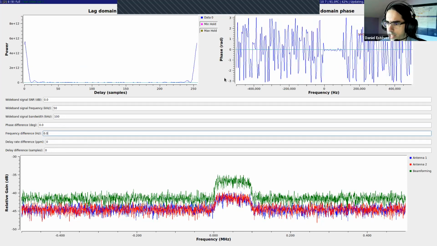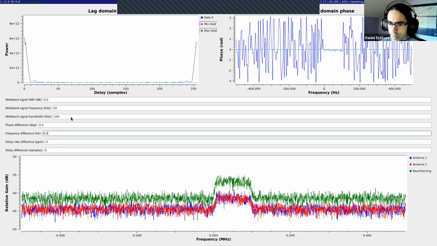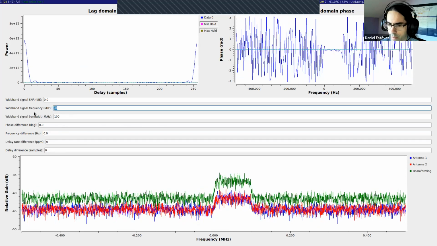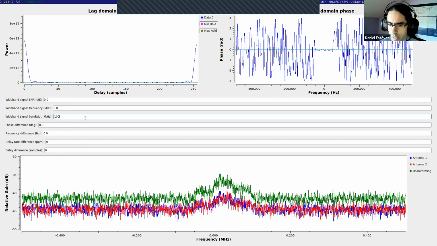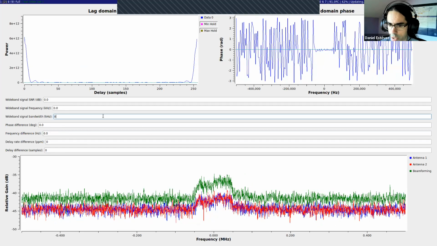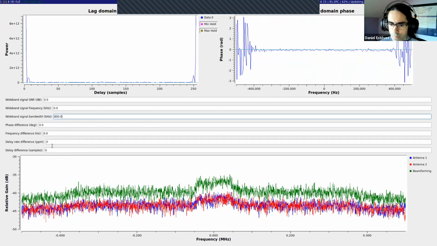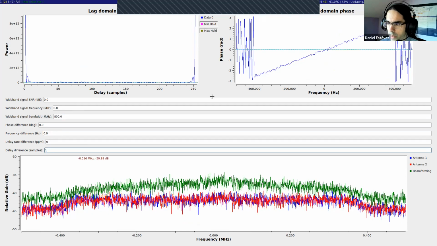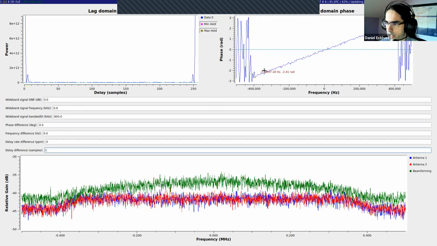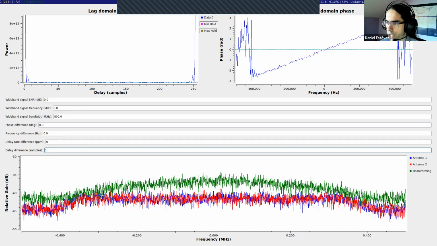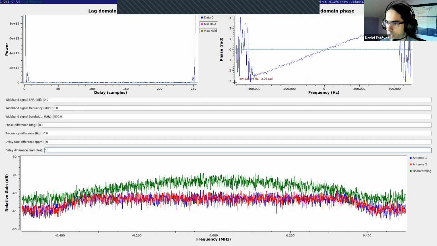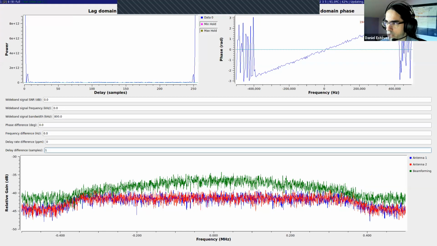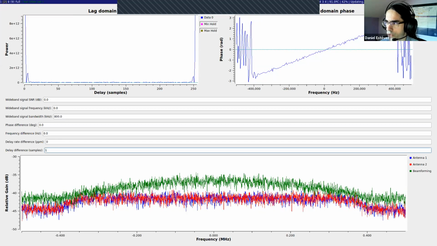How does the delay look like? Again, to demonstrate that in a more clear way, I'm going to make these much larger, such as, for example, 800, because if I set a delay of 1 sample, then we get the phase looks like this, and basically it goes from minus pi to plus pi once across the full spectrum.